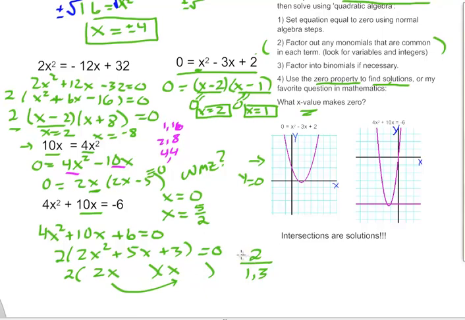So it's either going to get multiplied to the 1 or it's going to get multiplied to the 3. I'm looking for a sum of 5. If I multiply 2 times 3 and add it with 1, that's 7, not 5. If I multiply 2 times 1 and add it with 3, so the 2 times 1 goes there, and that means the 3 goes there. We're looking for a sum of 5x, so both are positive.